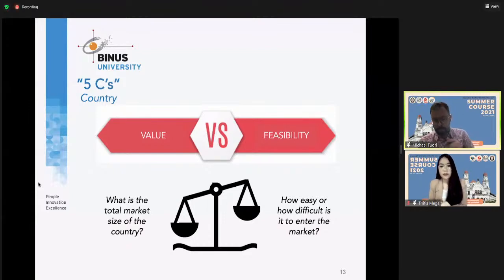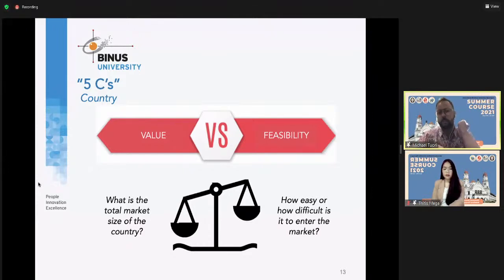And usually if they have high feasibility, the value is a bit lower, because if the value is really high and the feasibility is really high, everybody will just enter that market and quickly take all the value there, and the value will go down, or the feasibility will go down because it's more competitive. So there's a trade-off between the two.